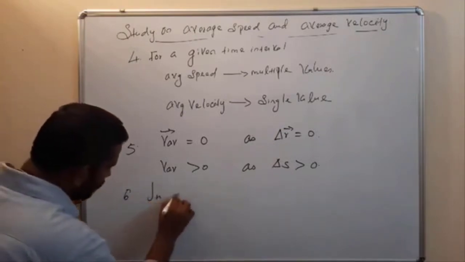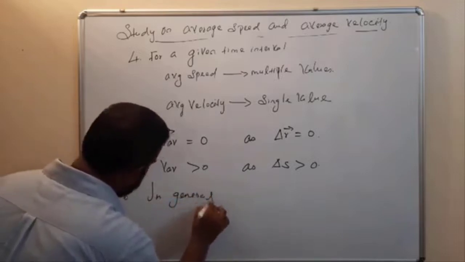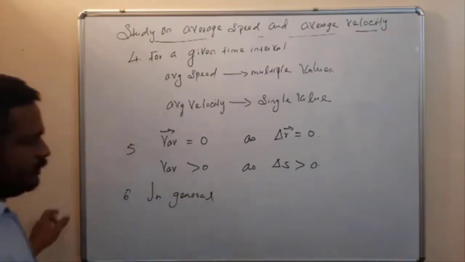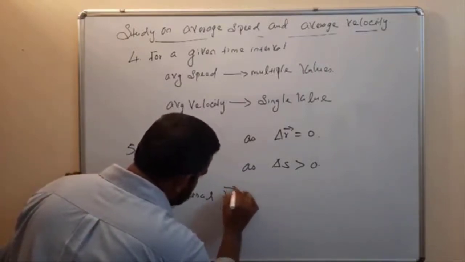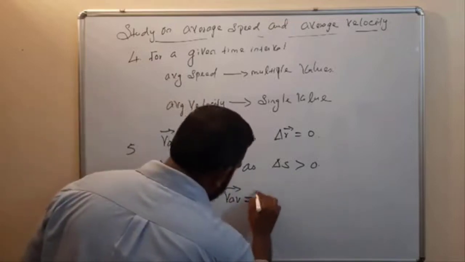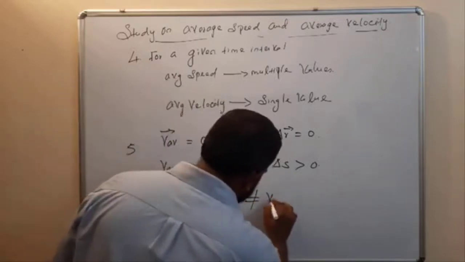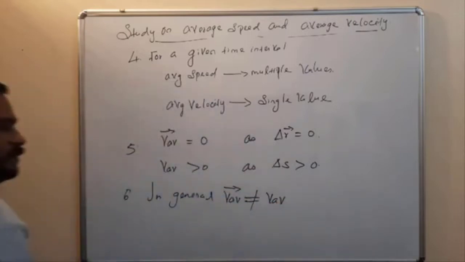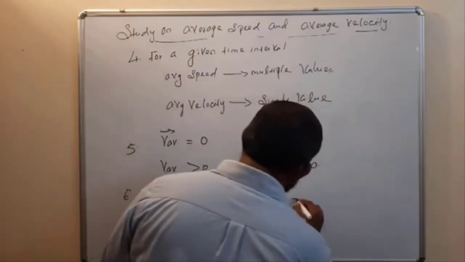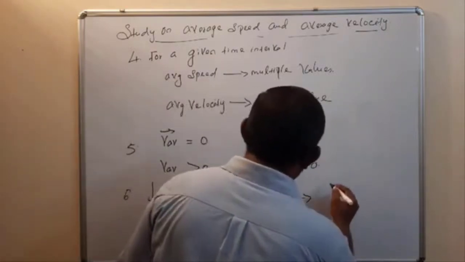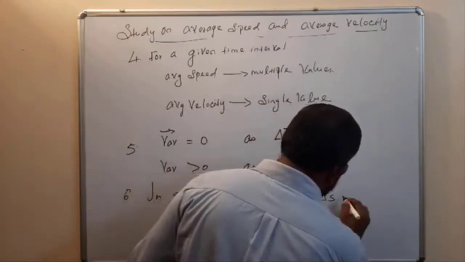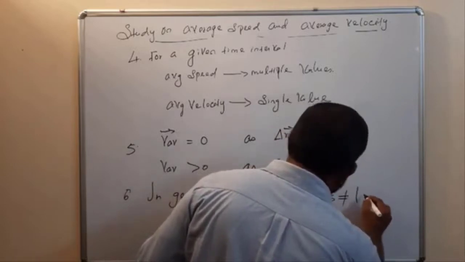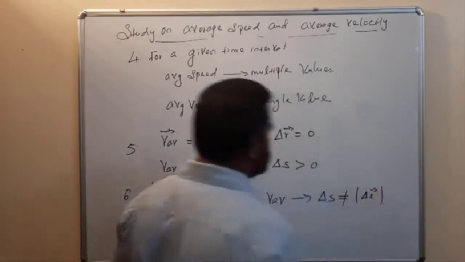In general, average velocity is not equal to average speed, because delta S is not equal to modulus of delta R vector.